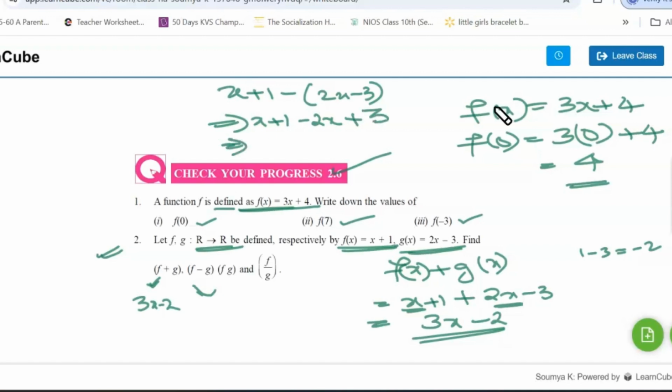Now again find the solution of these like terms. x, that is 1x minus 2x, that means minus x, and here it will be 4. So 4 minus x will be the solution. Similarly, find out f into g and f divided by g. You have to follow the same method that you used for the previous questions.